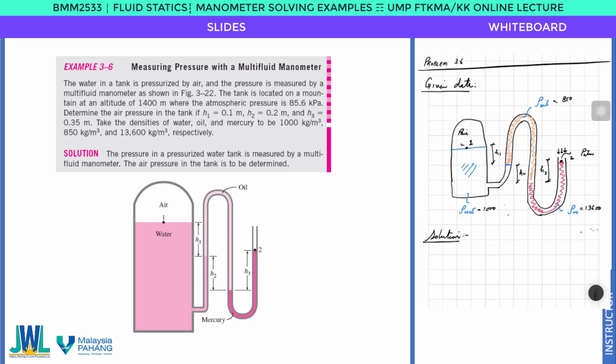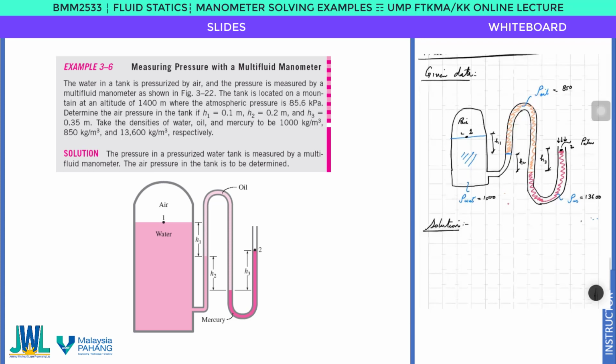So now the first rule is to identify. We've got two manometers. It's not two manometers, it's actually two U tubes. When we've got two U tubes, we have two locations where the pressure is equal.